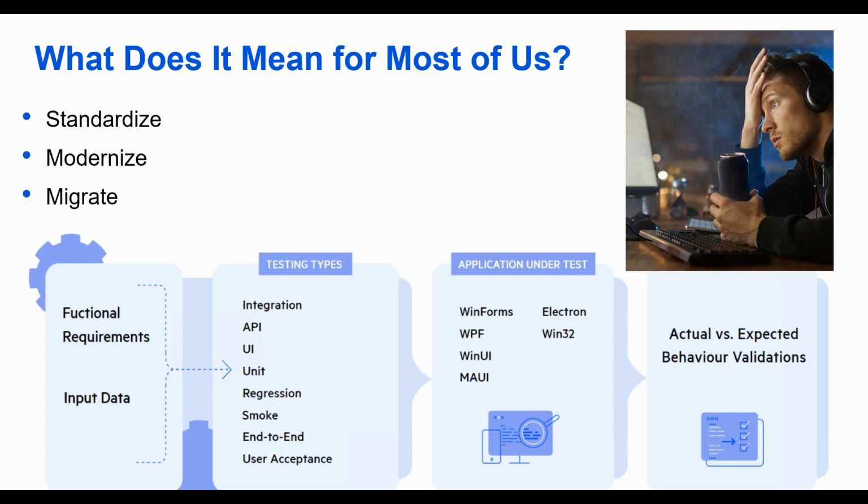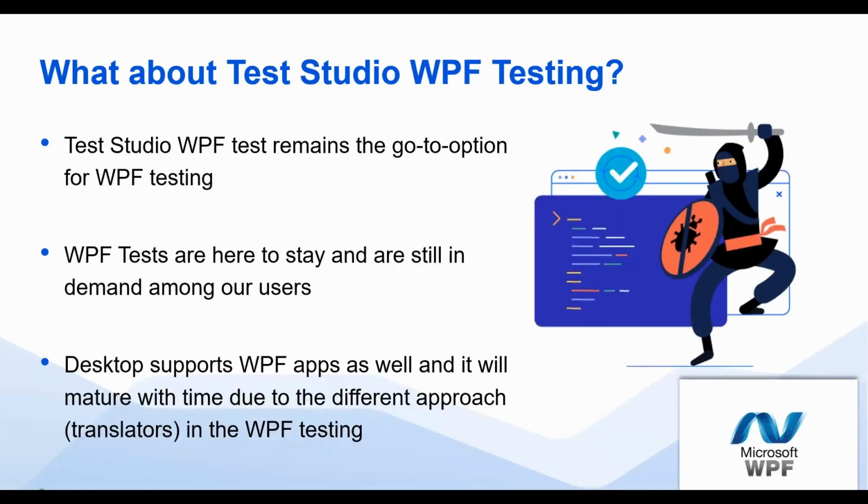In any case, as part of the different testing types that all of us have to deal with every single day, on the integration level, on the API level, on the unit level, regression, smoke, end-to-end, and whatnot, we would have some desktop testing types on more and more different platforms, which we already managed to discuss. Test Studio, by introducing those new features, is here to help you.